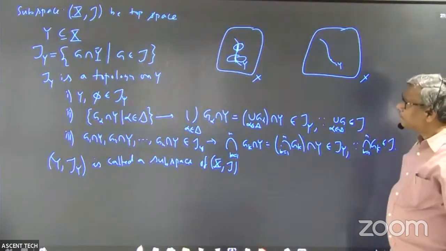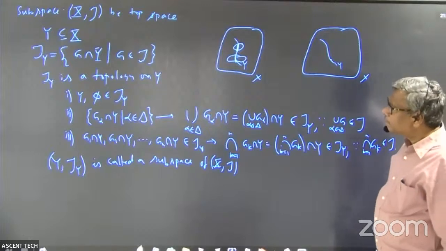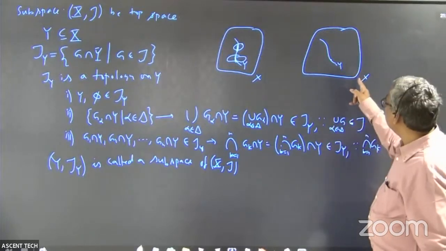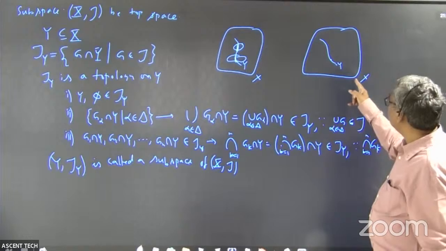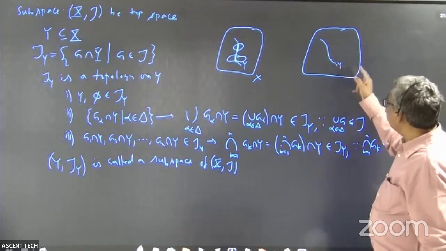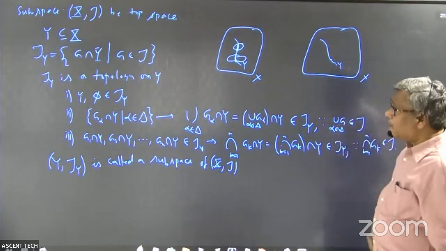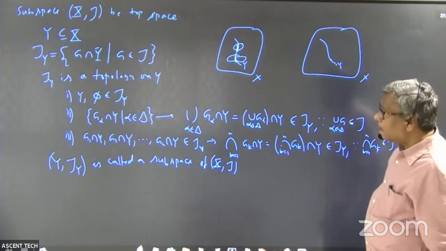So here we are basically, there is a set X, and are we taking the Y from the topology of X, or are we taking elements of Y in X, right?